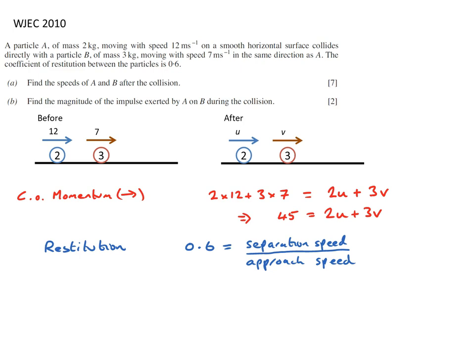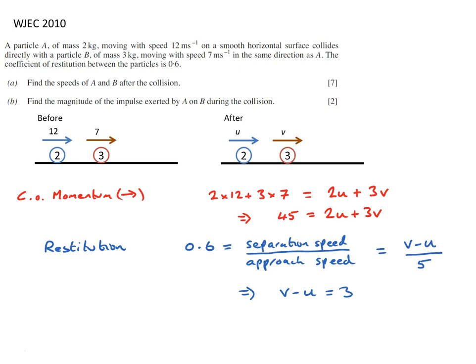Now, the separation speed is the speed at which B is moving away from A, which, if we look at our after diagram, is V minus U. Whereas the approach speed is the speed at which A is catching up with B before the collision, which is at a speed of 5 meters per second. And tidying that equation up, we've now got that 3 must be V minus U.